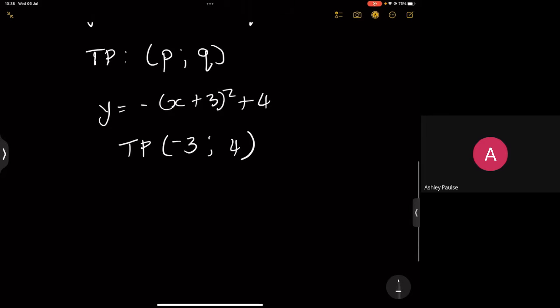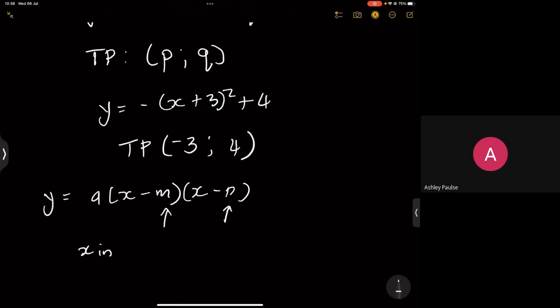And then the last way in which they give us the equation of the parabola would be a into (x minus m)(x minus n), where the advantage is that we would know what our x-intercepts are, okay?